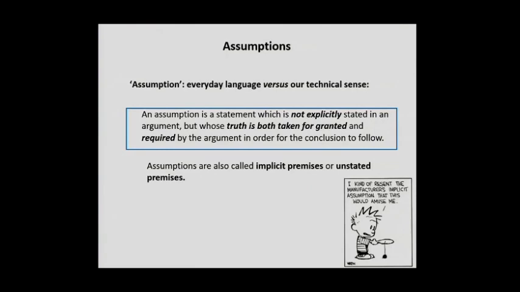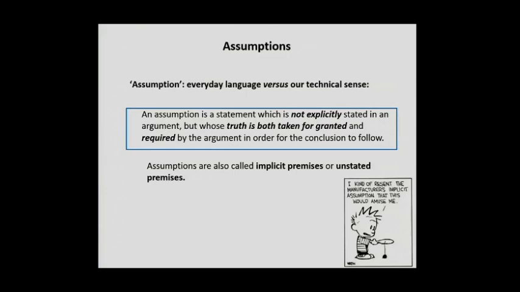So here's our definition. As so often is the case for argument and claim and so forth, we're going to be using assumption in a slightly more technical sense, right? It's not going to be just any kind of assumption as we would talk about in everyday language, but we're going to use assumptions to refer to statements that aren't explicit in an argument, but that would have to be made explicit in order for the conclusion to follow.